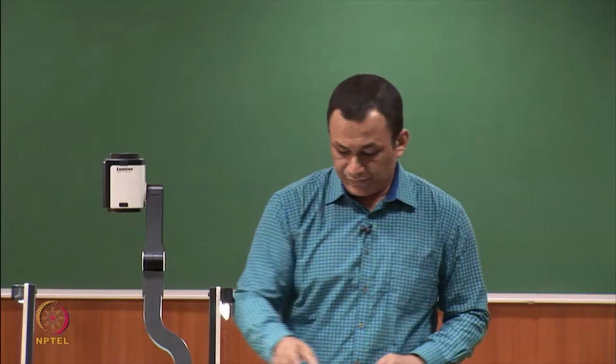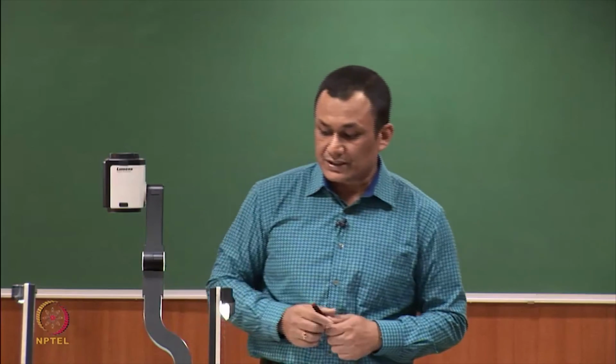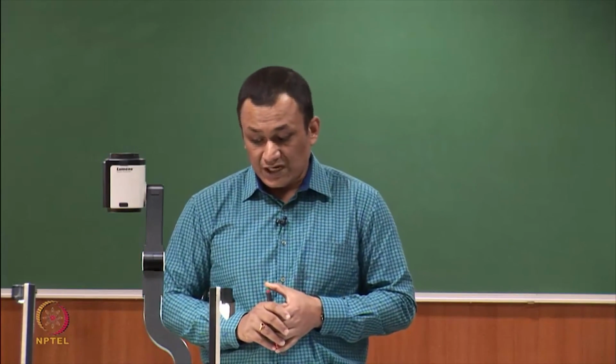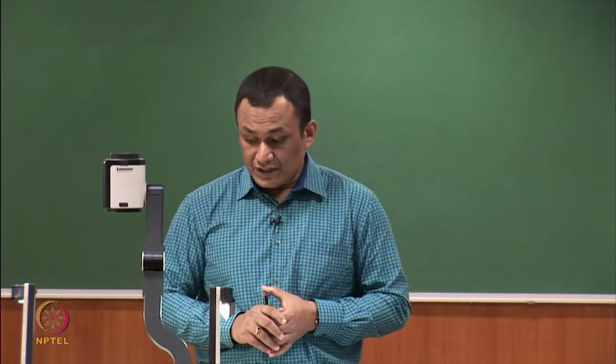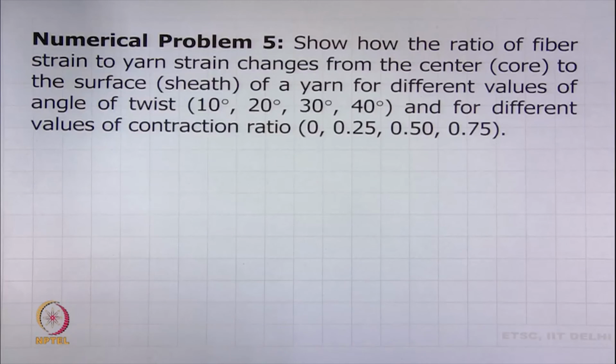So, how does the ratio of fiber strain to yarn strain change from center to surface of a yarn for different values of angle of twist 10 degree, 20 degree, 30 degree, 40 degree, and for different values of contraction ratio 0, 0.25, 0.5, 0.75? So, this is a problem.